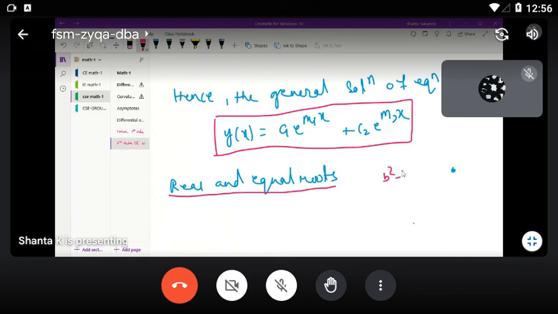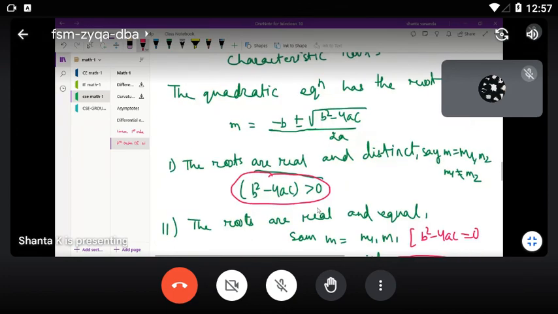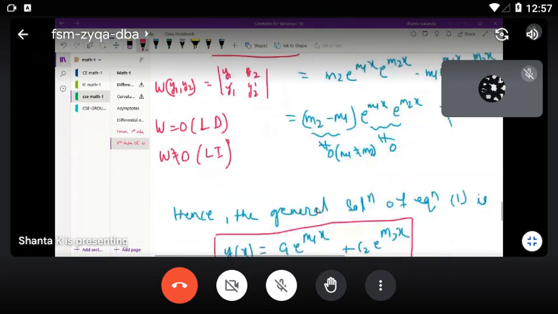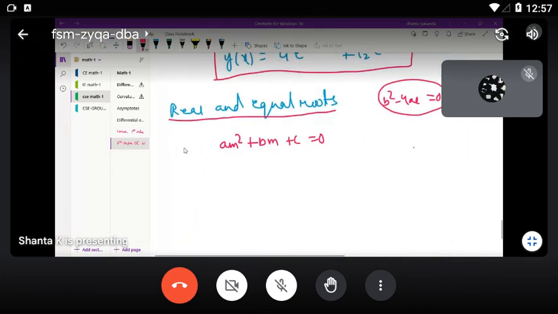Equal roots means we have b square minus 4ac equals 0, for the equation am square plus bm plus c equals 0. That's equation 1. For this case, we have real and equal roots if this happens.